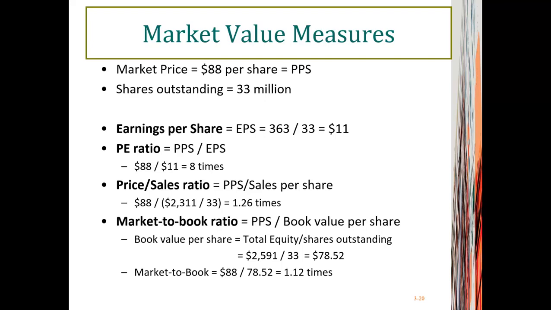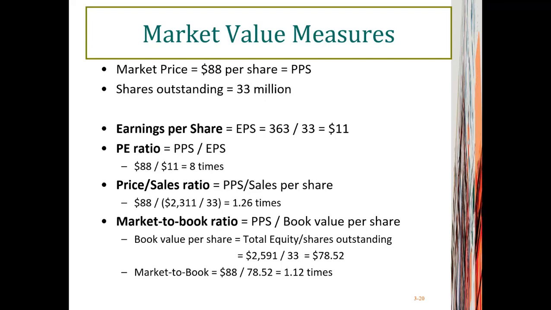Market to book ratio. The market valuation for each share of stock is $88. But what is the book value of equity? Book value of equity equals total equity divided by number of shares outstanding, which is $78.52.